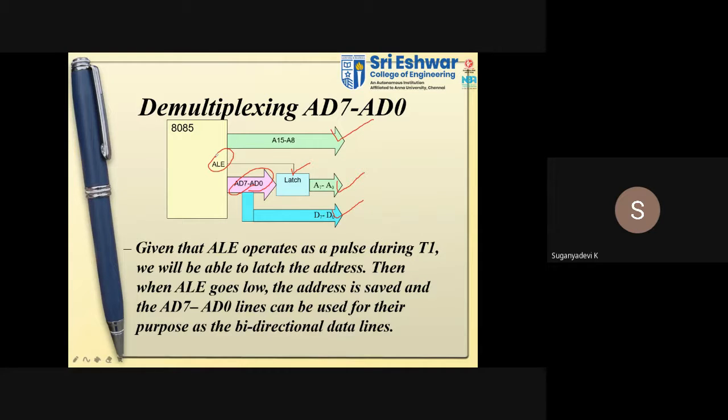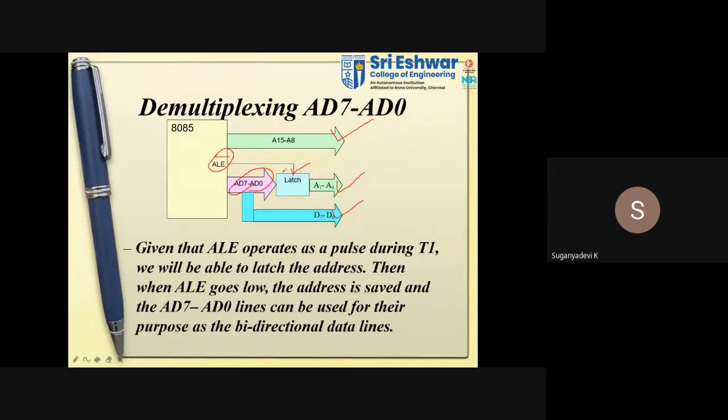When this ALE goes low, the address is saved from the AD7 to AD0 lines, and those lines can then be used as bidirectional data lines. ALE is an active low signal, like your read and write. Only when it is low will the address and data get separated. Otherwise it will not work.